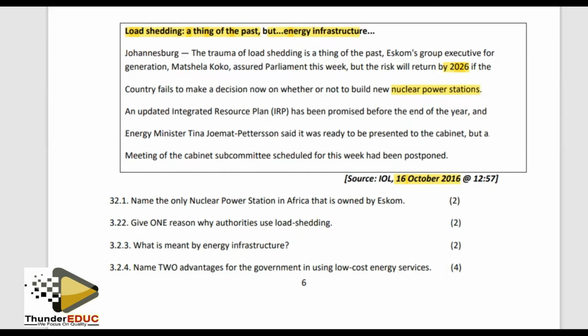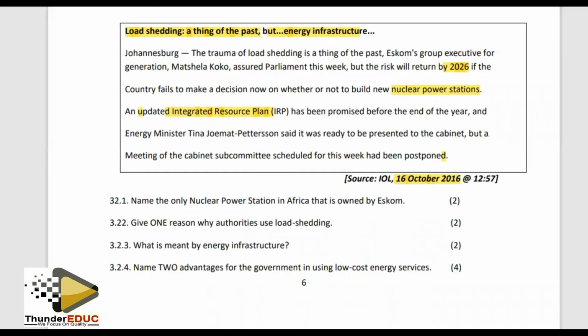An updated integrated resource plan, IRP, has been promised before the end of the year. That was then in 2016. And Energy Minister Tina Joemat-Peterson, by then, said it was ready to be presented to the cabinet, but the meeting of the cabinet subcommittee scheduled for this week had been postponed. That was during this date.